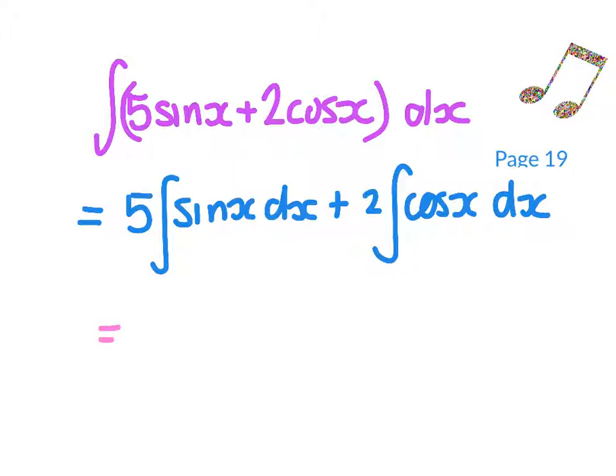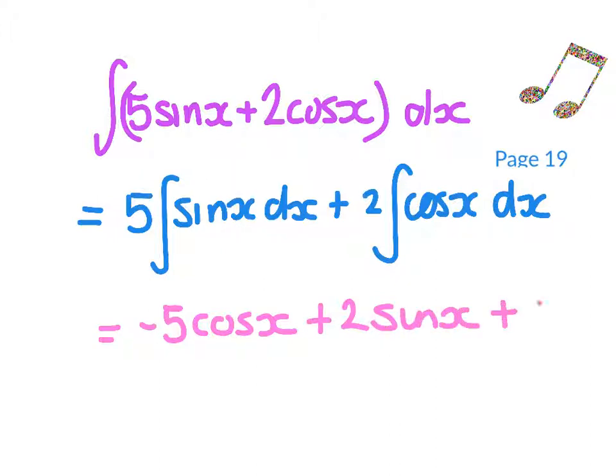When we integrate sin x, we get negative cos x. So it's negative 5 cos x. When I integrate cos x, I get positive sin x. So it's going to be plus 2 sin x. It's indefinite, so it's plus c.